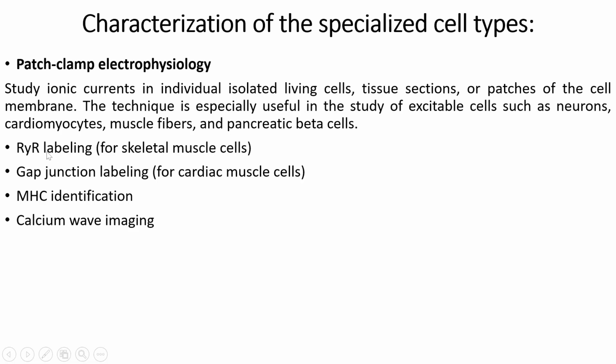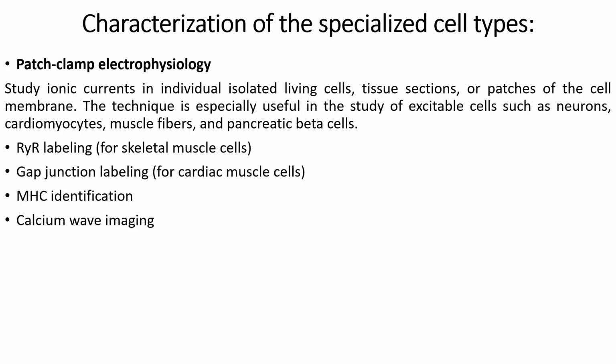Next, we have another method of characterizing the skeletal muscle cells, which is known as ryanodine receptor labeling. Ryanodine receptors, as you have already seen, are present on the surface of the sarcoplasmic reticulum, which are the calcium ion channels, and antibodies directed against this ryanodine receptor could be instrumental in characterizing the skeletal muscle cells.